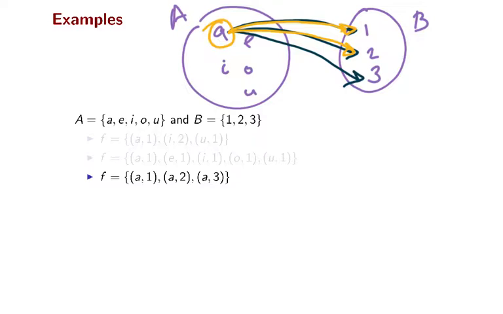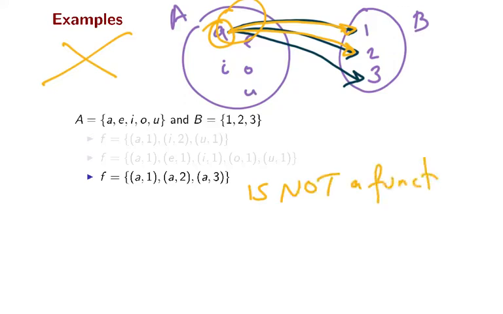But just because there is more than one arrow coming from A, that means it does not satisfy the second property. So this other one is clearly not a function, and in particular it fails both conditions needed to be a function.